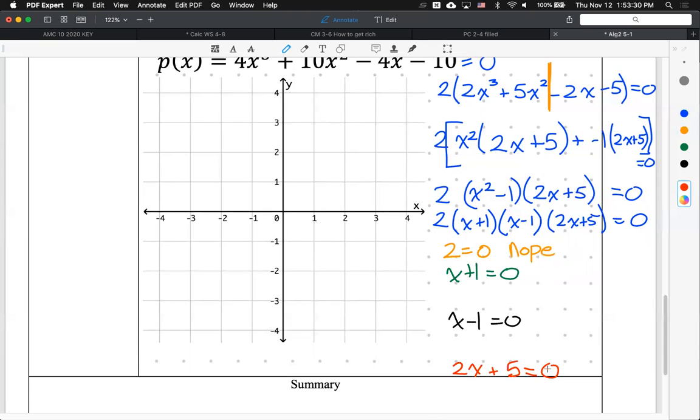Rapid fire, solve. We'll give Josie one of them. Solve any of these, Josie. Do you want to do x plus 1 is equal to 0? Okay, x is equal to? Careful, you're going to subtract 1 on both sides.